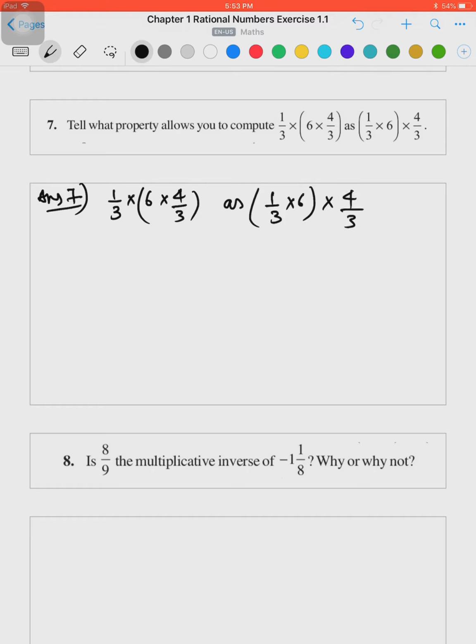So by which property can you write them like this? The property is simply that when you regroup rational numbers under the same operation, the result is unchanged. This property is called the associative property.